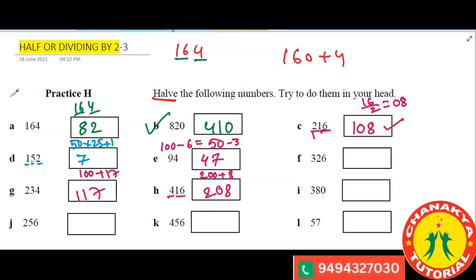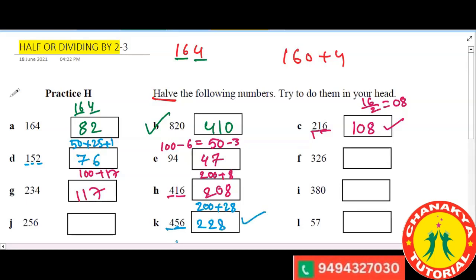Sorry, sir, it's 76. 50 plus 25 is 75 plus 1, 76. Yes. And who's done? Vinisha. Sir, K. Proceed. 400 plus 56, 456, which is 200 plus 28, 228. Correct.